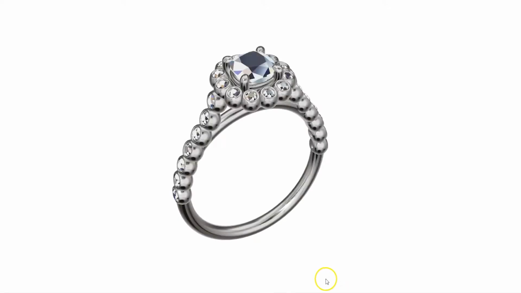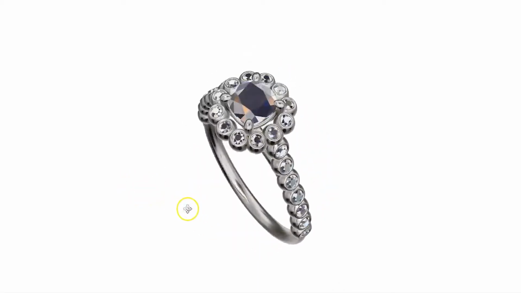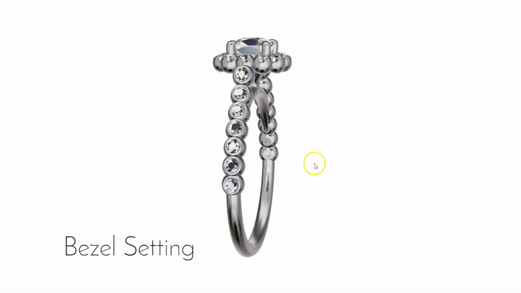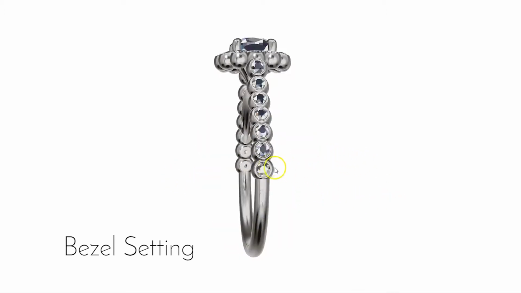Hey guys, so the first specific setting that I want to go over with you is called the bezel setting. All a bezel setting basically means is that it's using all the metal that you can to wrap around the gemstone, okay?